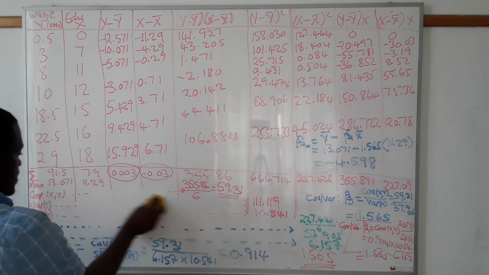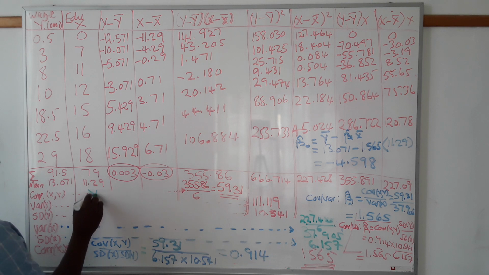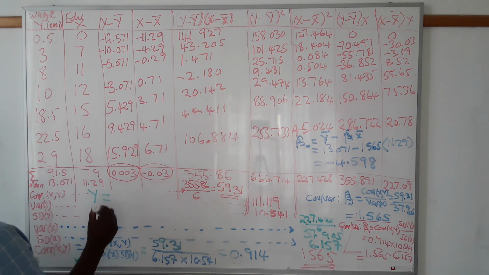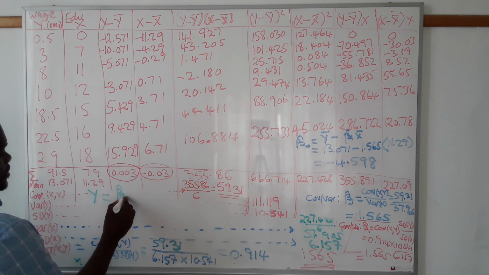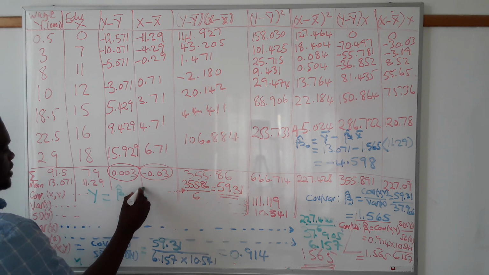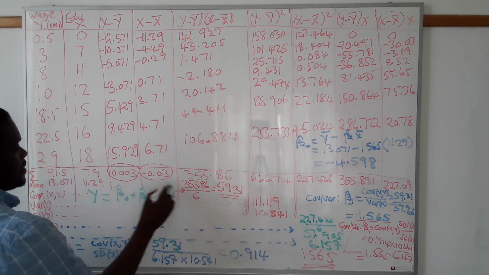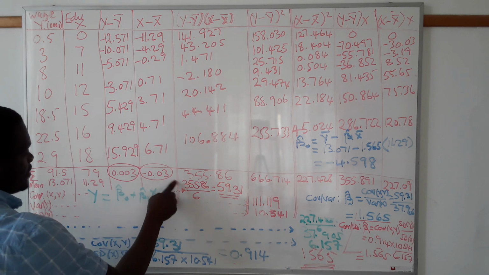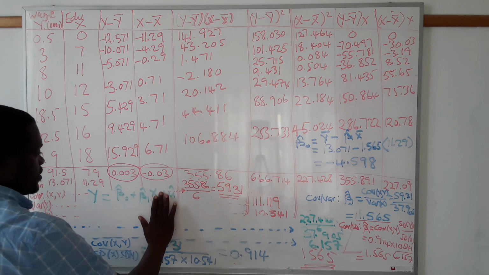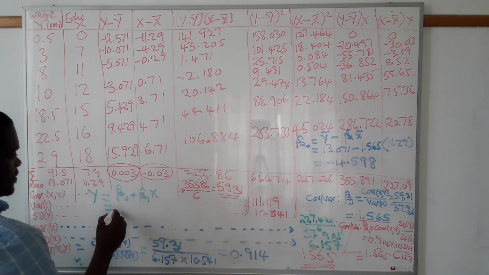I want to maintain the table as it is. If you were to write your regression, which was y is equal to beta hat naught plus beta hat 1 x plus this, okay? Now because this has to be estimated, you can remove it there and put your estimates.